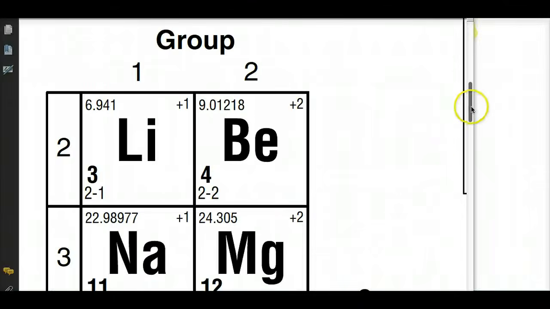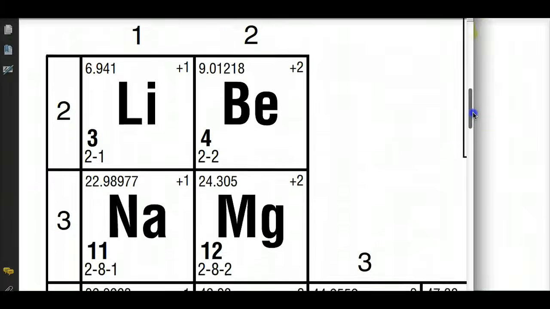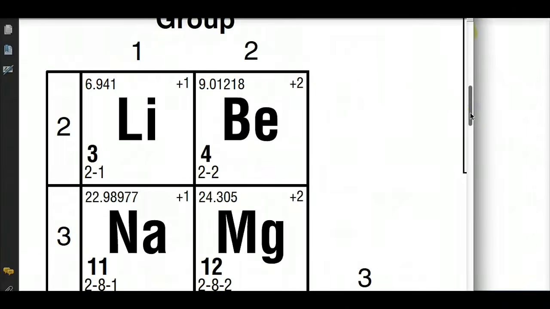Okay, so how do we figure out how many protons, neutrons, electrons? The first thing is to notice that this bottom number, the biggest number, is the atomic number. All elements are unique by this number. So this tells me how many protons. In the nucleus, the number of protons identifies the element.